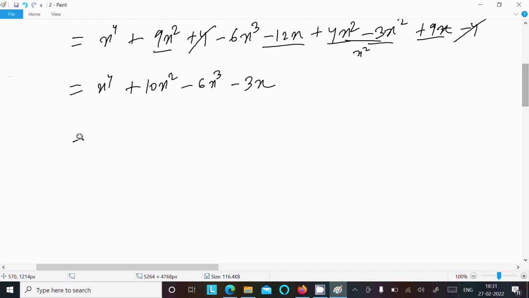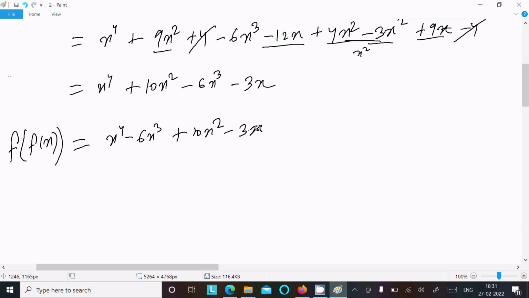So this is the answer of this question: f circle f(x) = x⁴ - 6x³ + 10x² - 3x.